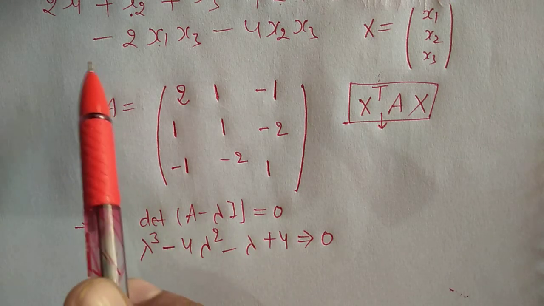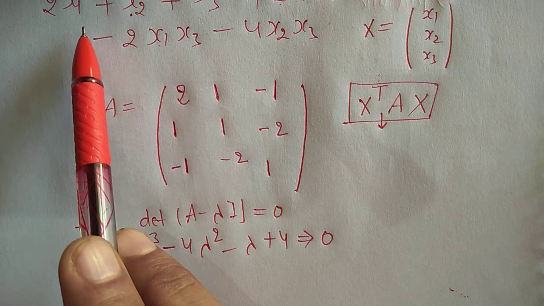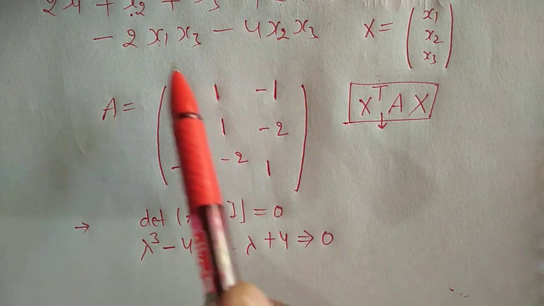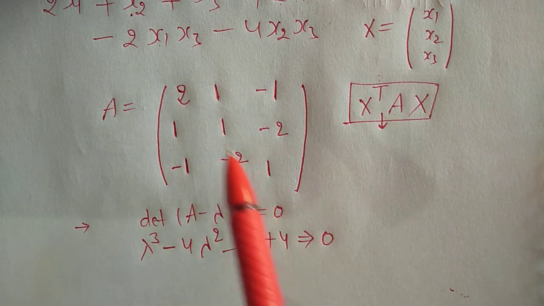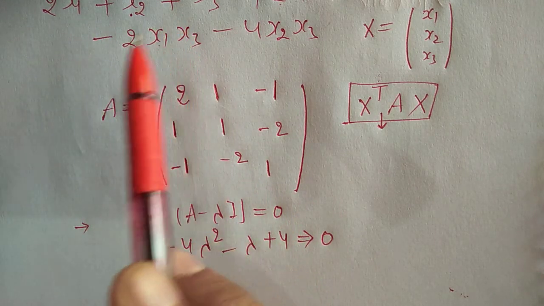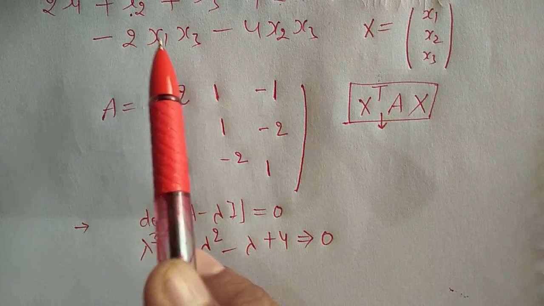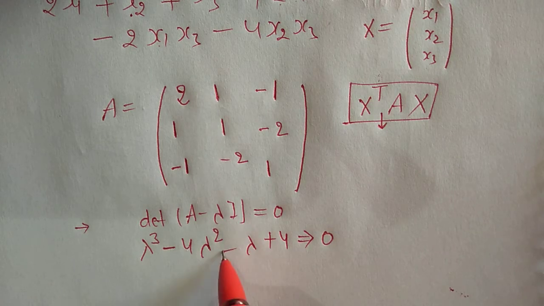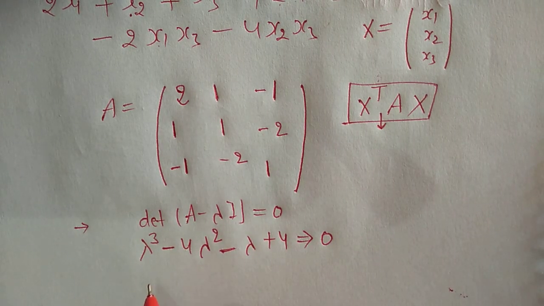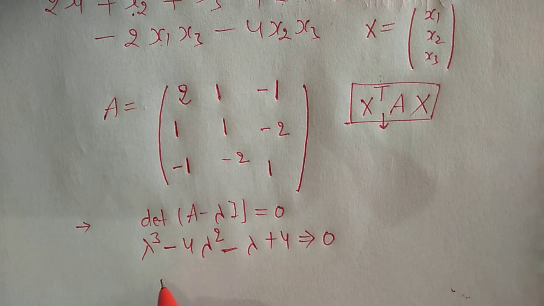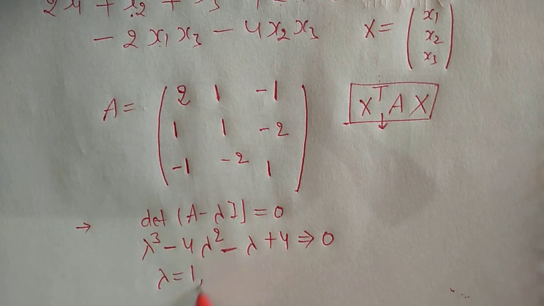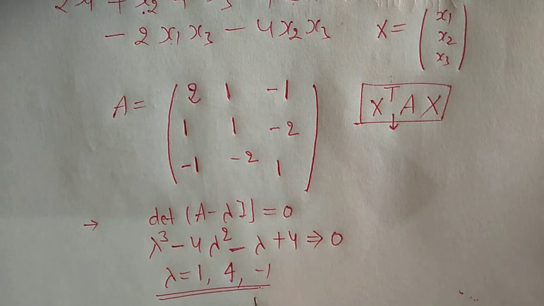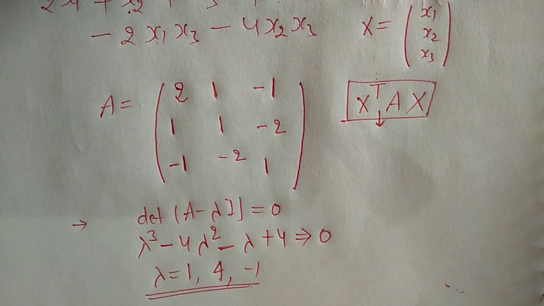If you take a quadratic form in 4 variables, we get a 4 cross 4 matrix. Since we have taken the second degree quadratic form in 3 variables, we are getting a 3 cross 3 matrix. Now if you solve this, we get lambda equal to 1, 4, minus 1. So these are the eigenvalues of the coefficient matrix.